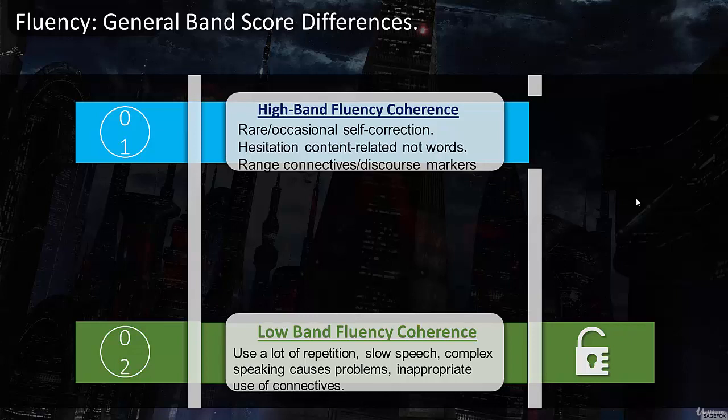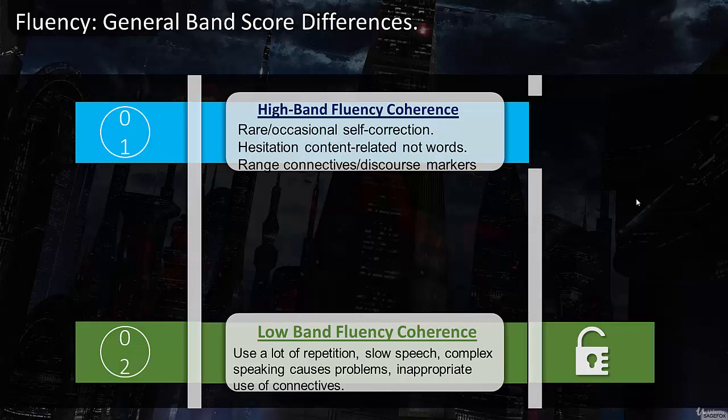When it says related to content, that means that you're thinking of an idea or coming up with an idea, not hesitation related to words. Also, for a high band, you're able to use a range of connectives and discourse markers. When they hear you repeating the same ones over and over again, you're hurting your score.